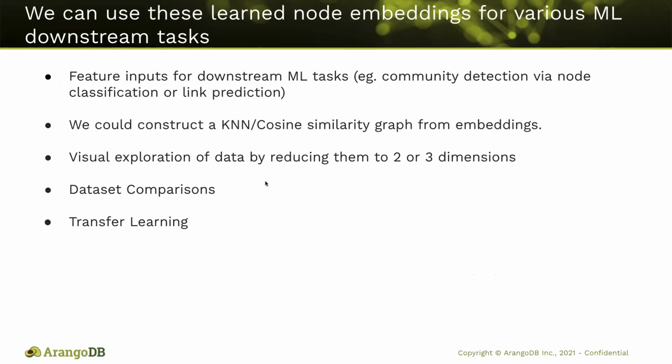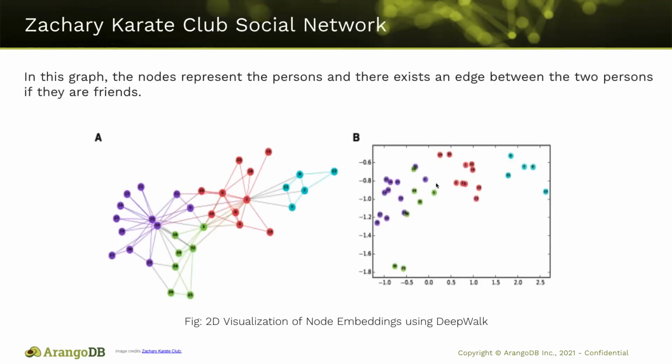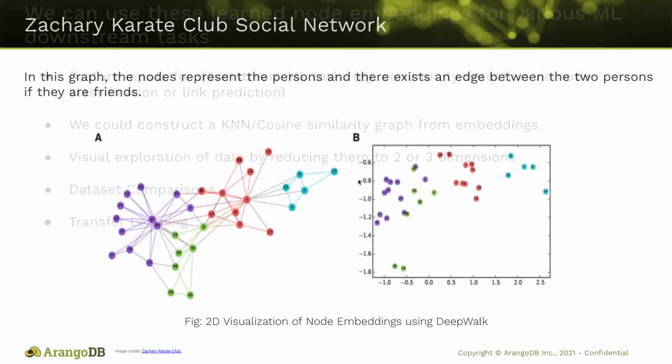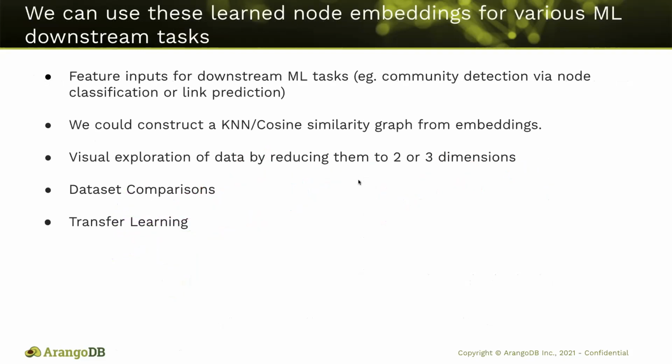So what can we do with these embeddings? Once these node embeddings are learned, we can use them as feature inputs for a number of downstream machine learning tasks, like community detection via node classification or link prediction.